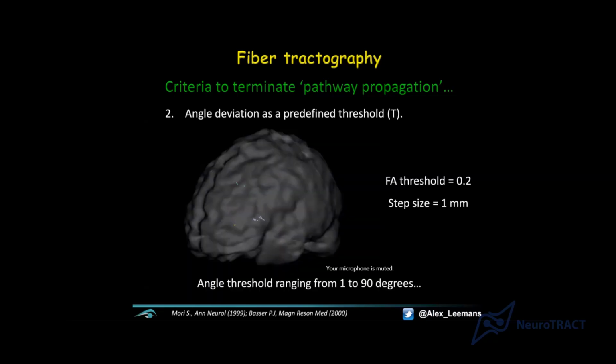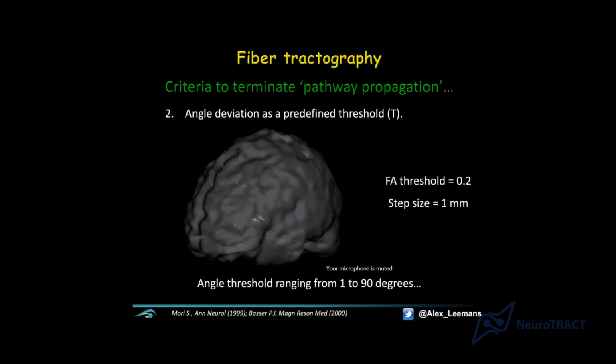What I'm going to do now is show you a video where every time frame will represent a tractography result with an increasing angle threshold. The first frame is my tractography result with a predefined FA threshold of 0.2, a step size of 1 millimeter, and an angle deviation of 1 degree.